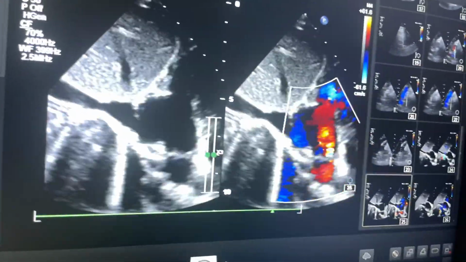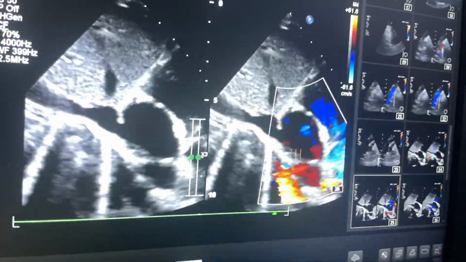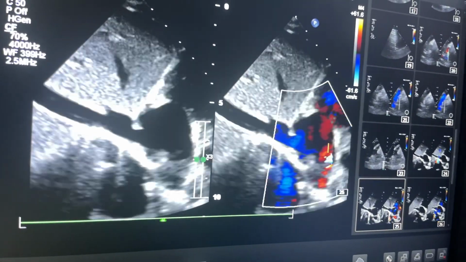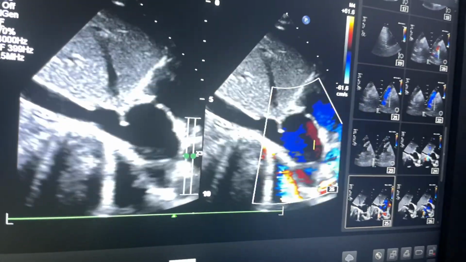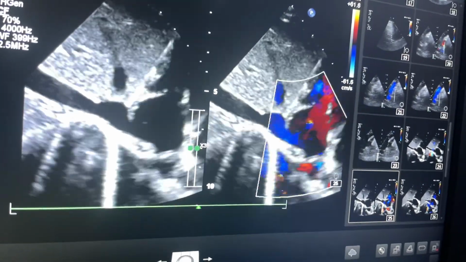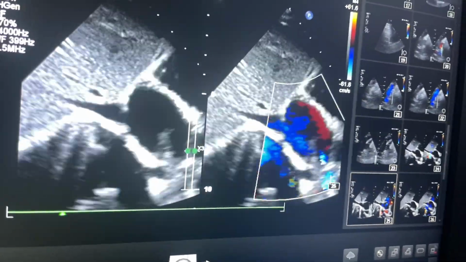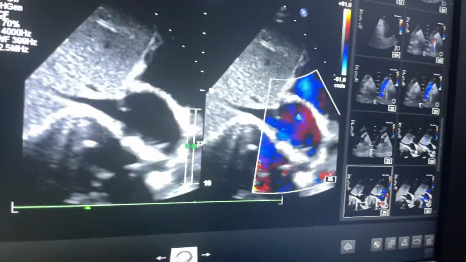So this is IVC, this is left atrium, and a very small ostium secundum ASD that is coming to right atrium. This red colored flow, no communication from superior vena cava. So this is bicaval view, subcostal window.